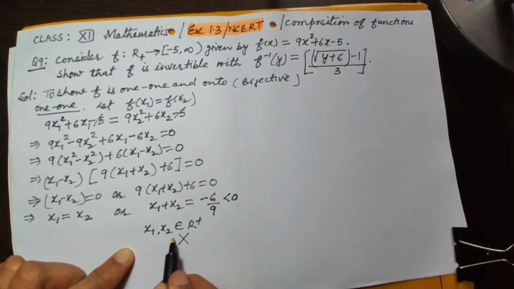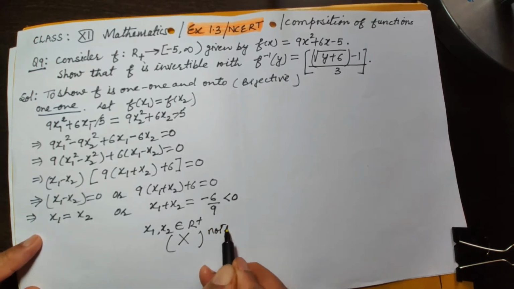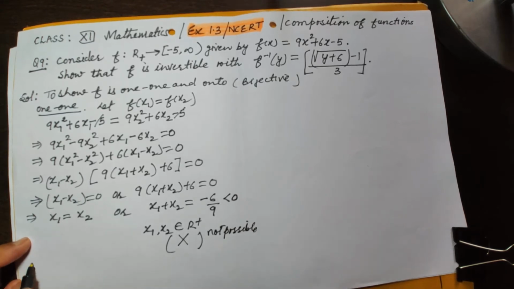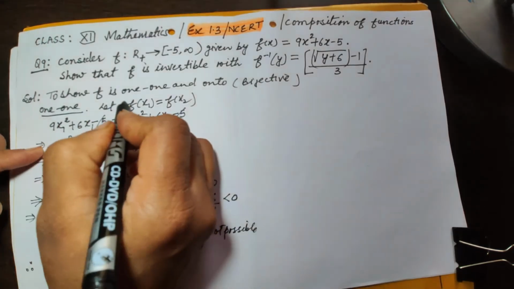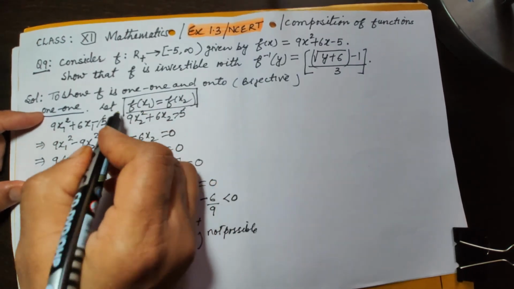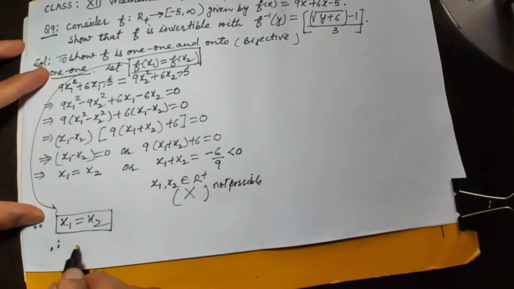So this condition is ruled out, not possible. Therefore x1 equals x2 is the only condition. So we started with f of x1 equals f of x2, and it reveals that x1 equals x2. Therefore I can say f is 1, 1.